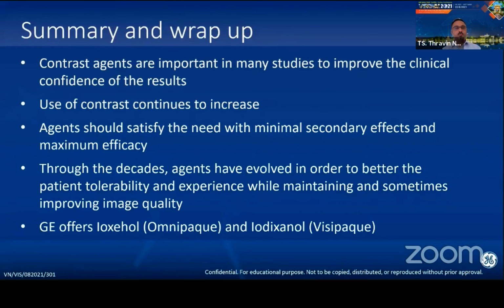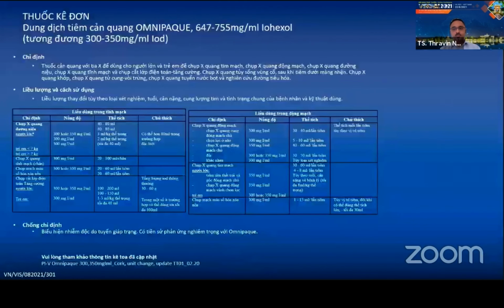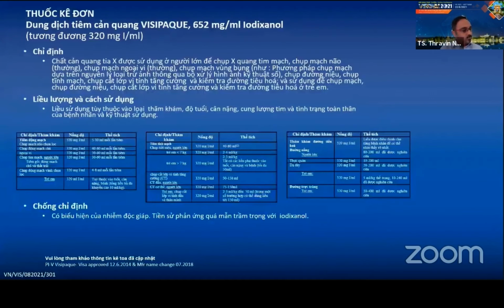Throughout the years, agents have evolved in order to improve patient tolerability while maintaining the image quality and sometimes even improving image quality. GE offers iohexol, which is Omnipaque, and iodixanol, which is Visipaque. And these are your local Vietnamese labels for iohexol, as well as for iodixanol.